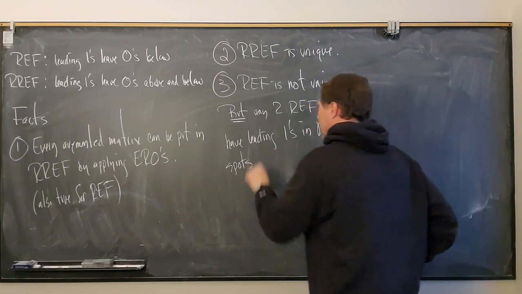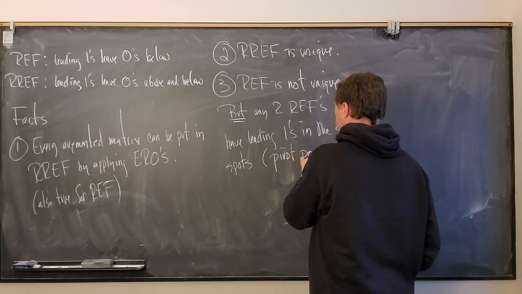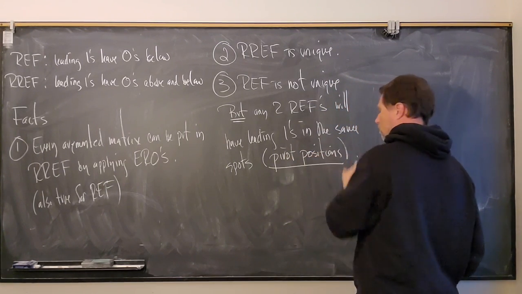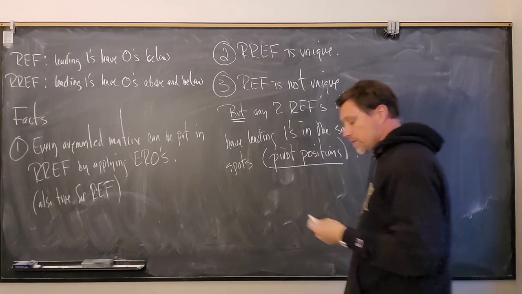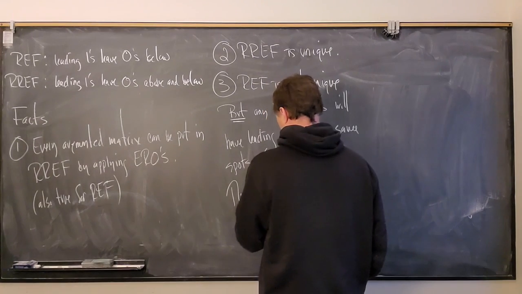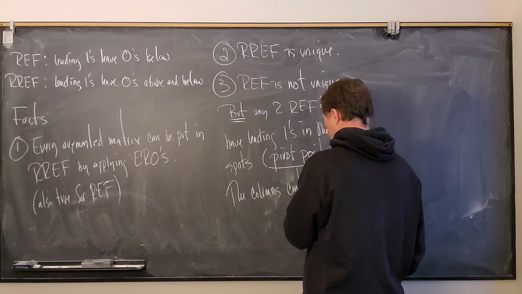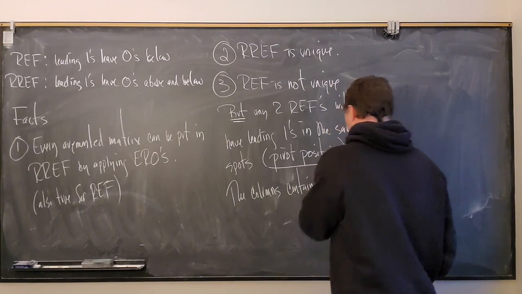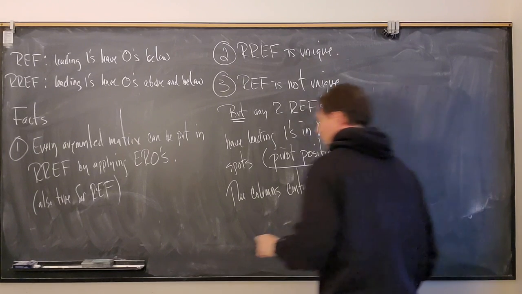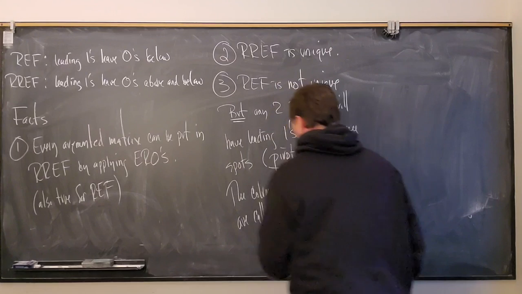And these spots have names: they are called pivot positions. And one more piece of terminology: the columns containing leading ones are called pivot columns.